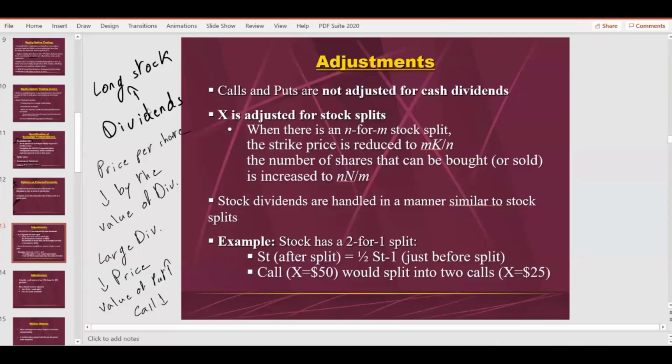Now for splits and reverse splits, calls and puts are adjusted to reflect such splits. So for example, if we had a 2-to-1 stock split, this means that now for each one share at, let's say, price P0, we have 2 shares, each at a price P0 divided by 2.